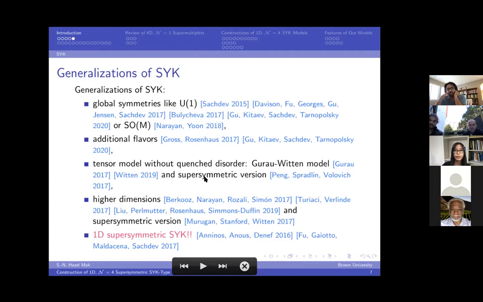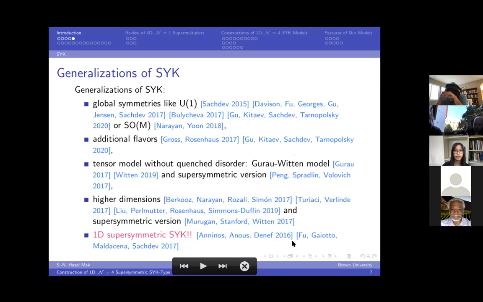There is also a supersymmetric version of that, done by Peng, Spradlin, and Volovich in 2017 at Brown. Or you can go to higher dimensions like 2D, and there are also studies of 2D supersymmetric SYK. But today our focus will be on 1D supersymmetric SYK models.